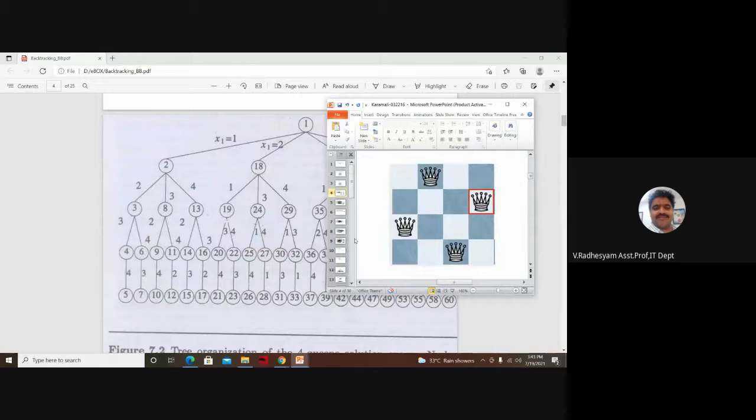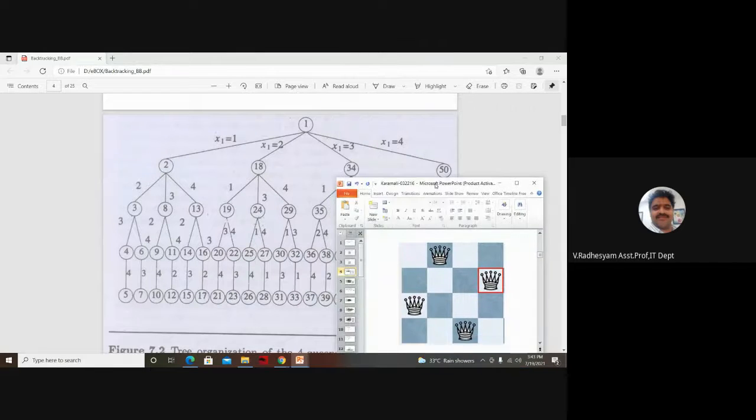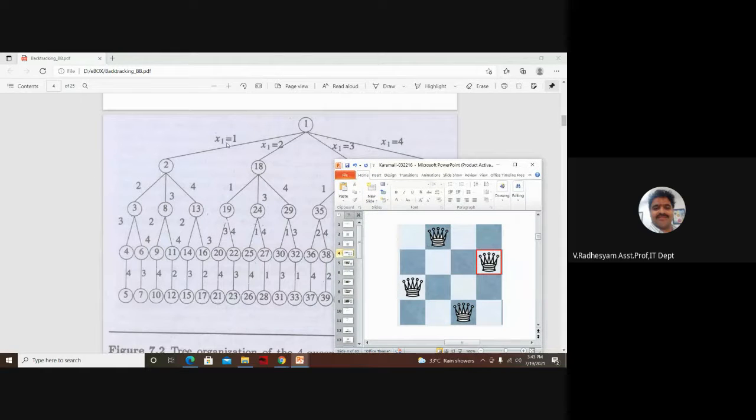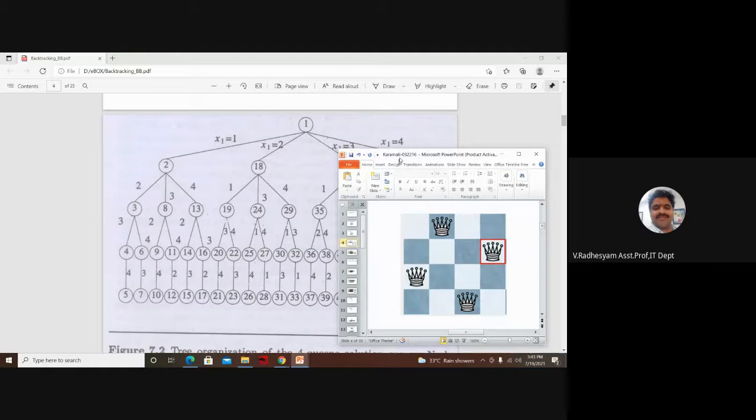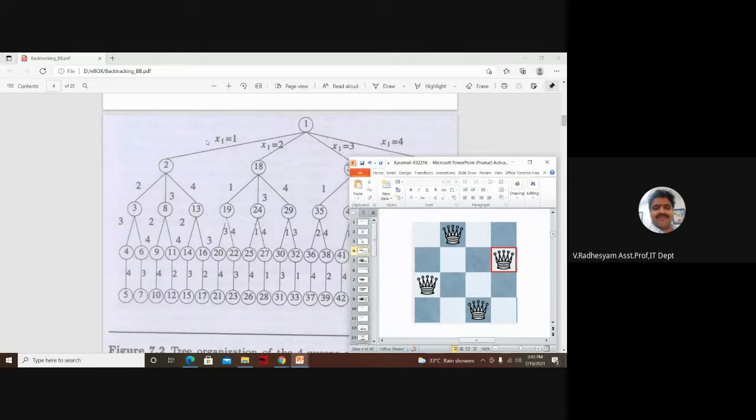Now, here x1 is equal to 1, x1 is equal to 2, x1 is equal to 3, x1 is equal to 4. Please remember that x1 is equal to 1 represents q1 placed in the first column. That is very, very important.